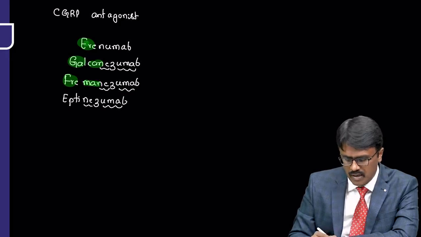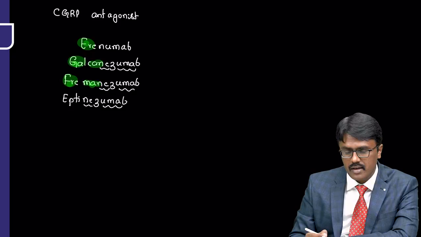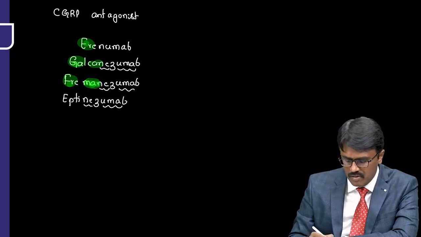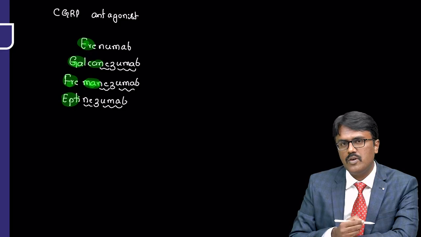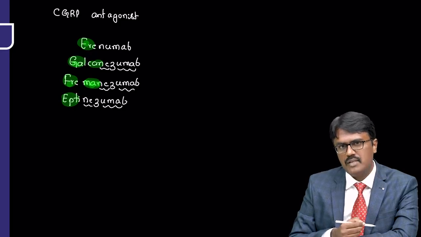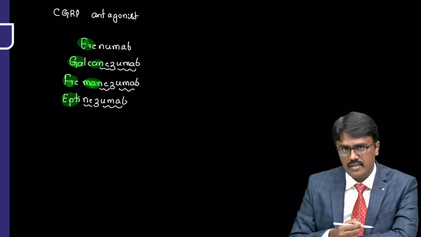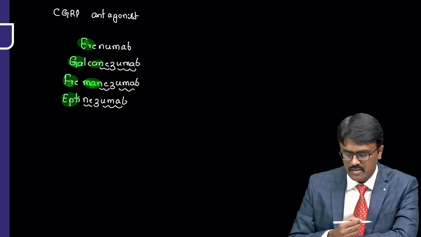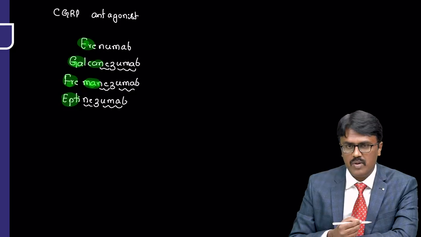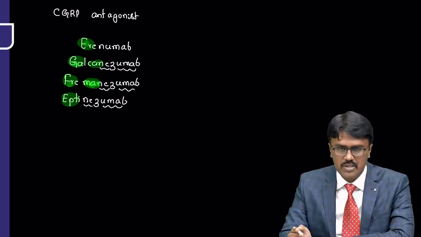So erenumab, girl can free a man from what? Headache. But if she frees a man, he will become empty. So eptinezumab. Epti means empty. It sounds like that. So these are the CGRP antagonists.